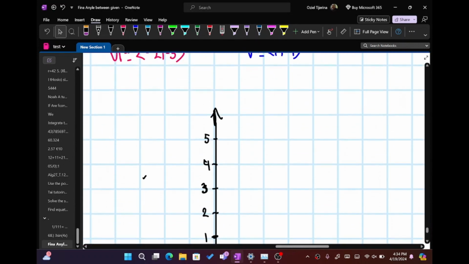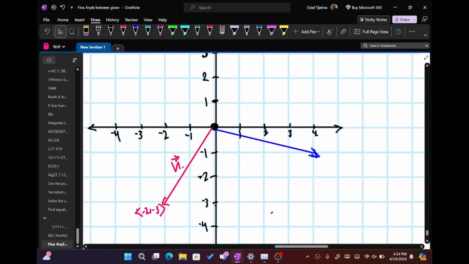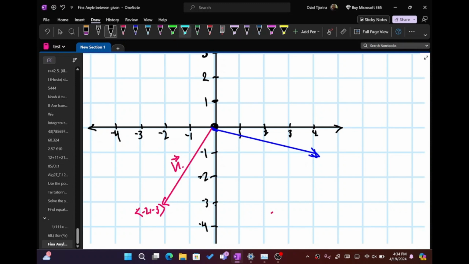Now, for this first one, we want to find the angle between these two vectors. So again, we're just looking for this angle theta, okay? There is a formula that we're using.